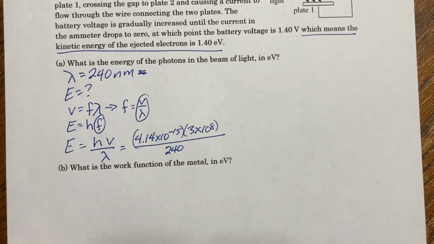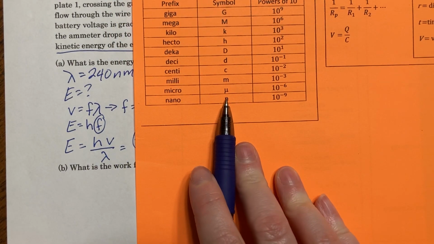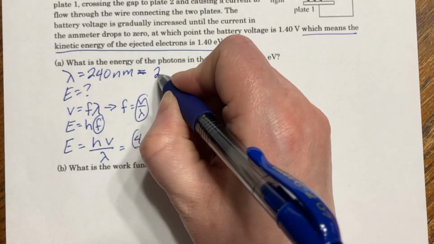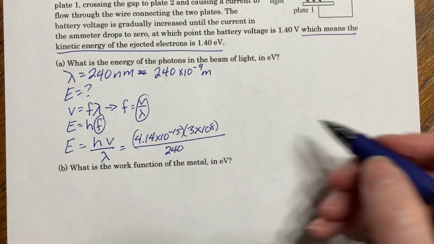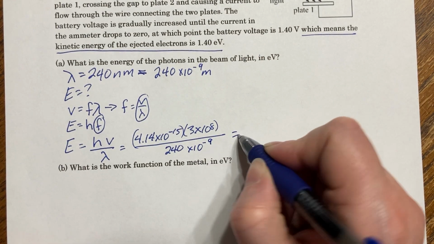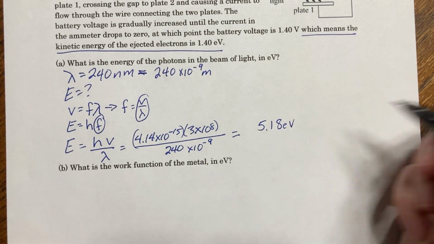Nano is on your equation sheet down here. So nanometers is 10 to the negative 9th. So we're going to call that 240 times 10 to the negative 9th meters. So if you do that, you get 5.18 electron volts.